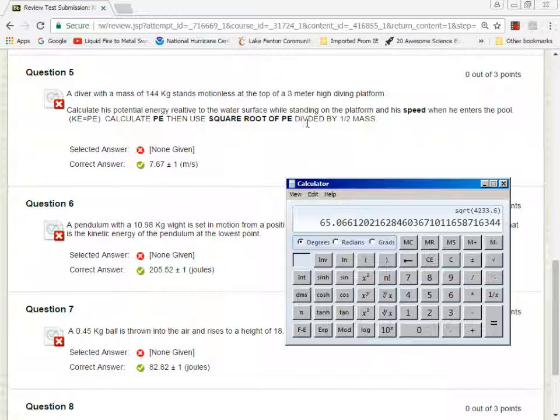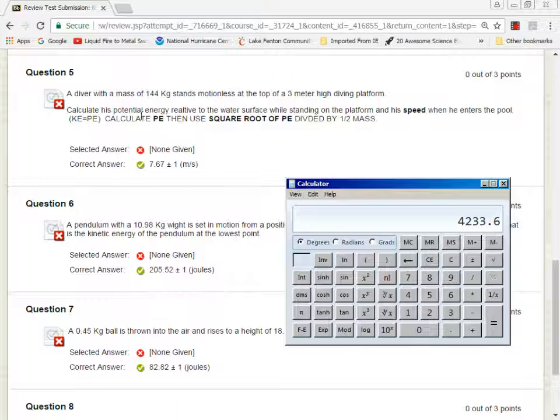Then use the square root of PE divided by 1/2 mass, and you could divide that by 0.5. I wonder if this is going to work. No, it's got to be like 144 times 9.8 times 3 equals.